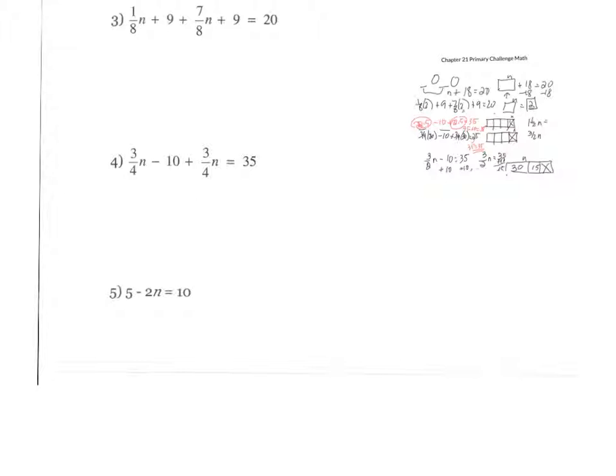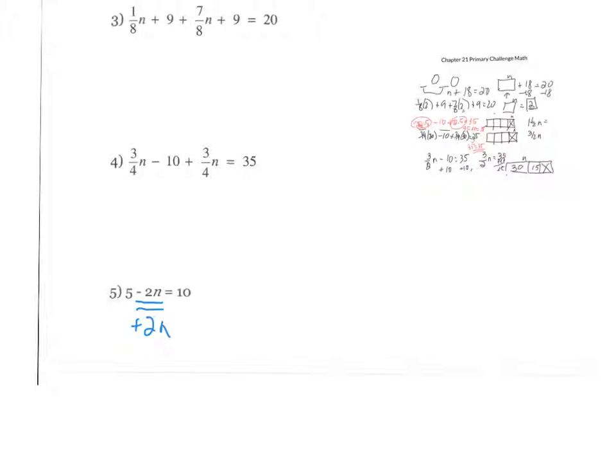This last one's a little bit different. We want to know what the minus 2n is, and there are different ways you could do it. If you're a little bit shy about working with negative numbers, instead of taking away 2 boxes, let's add 2 boxes to both sides.